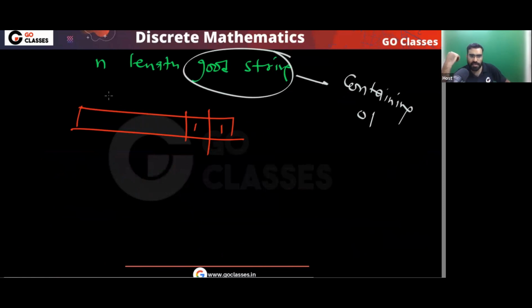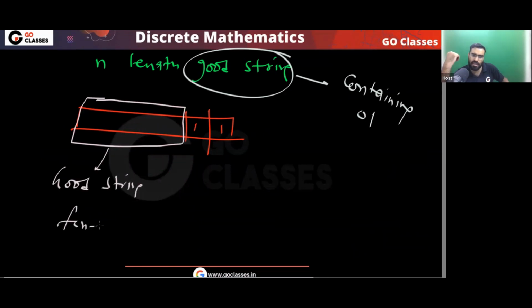Can I simply say, just find the good string here? Can I say that? What is wrong here? Please tell me. See, this is wrong because this can play some role. Yes or no?